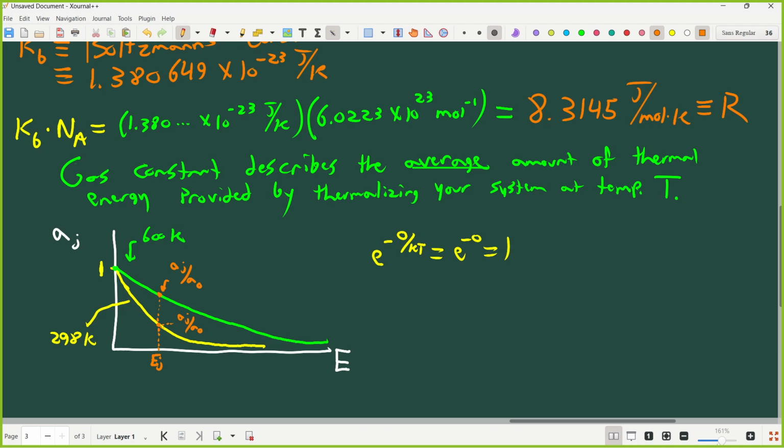If you're very cold, the boxes can only hold a very small amount of energy. Once you get to a very high amount of energy, there's a very low probability of seeing a box with that energy. But as I raise the temperature, the probability increases for a given energy, because there's more energy to distribute. The most important thing is that this goes to 0.